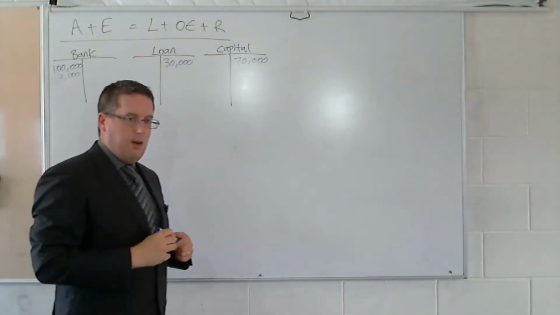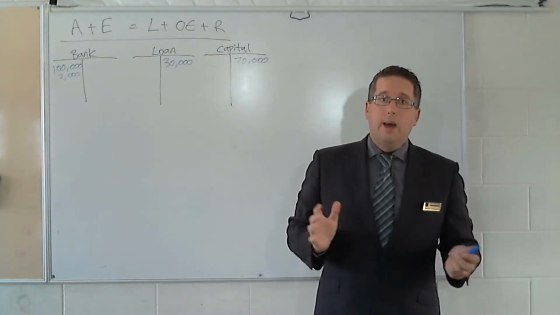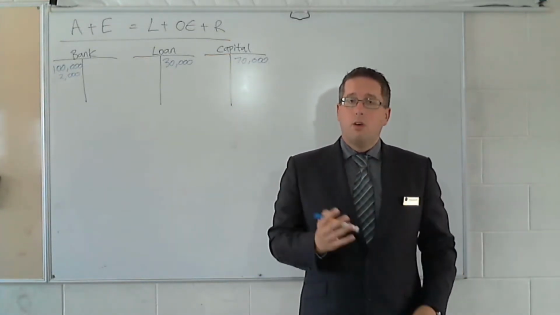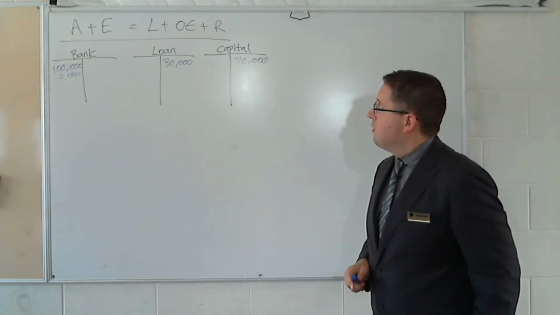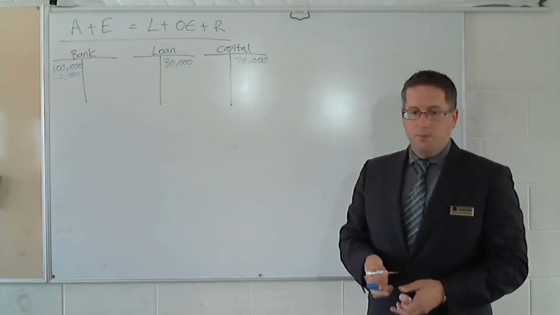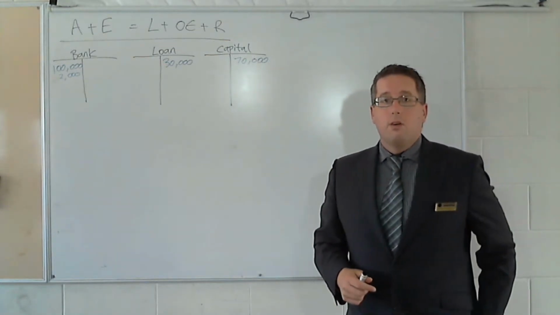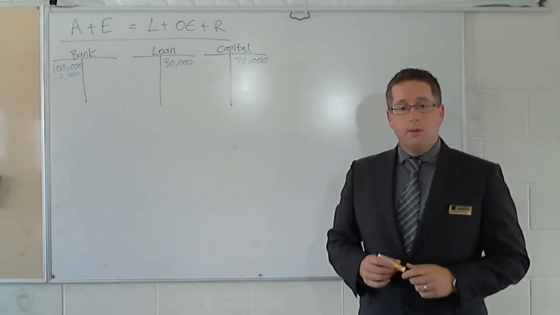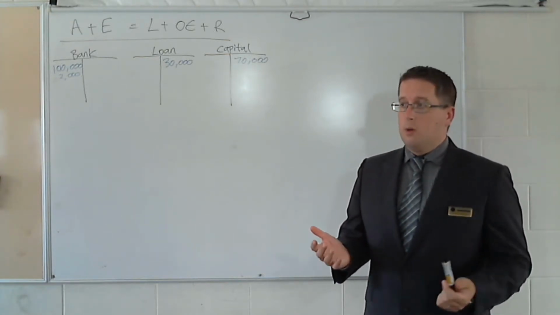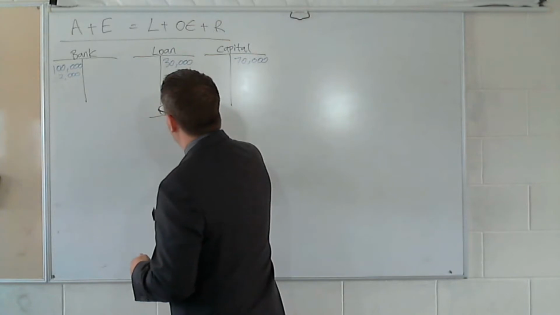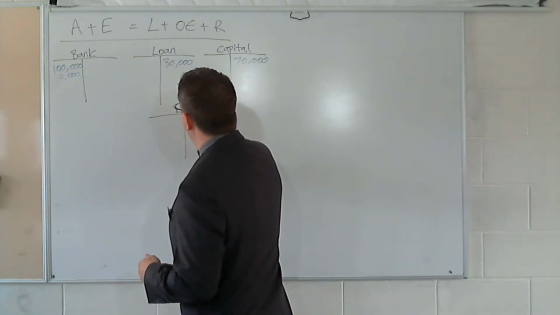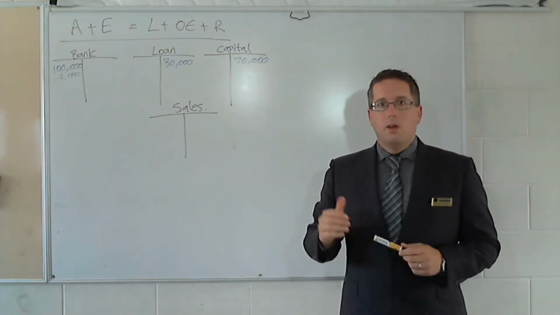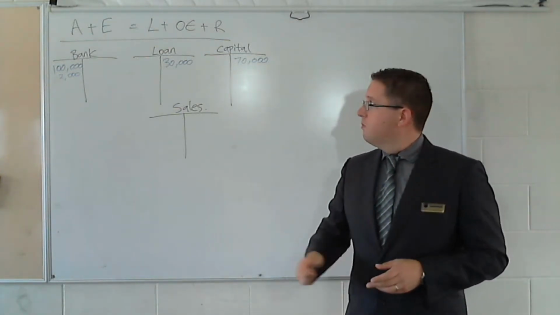on the left-hand side. Now that's only one half of the transaction. Remember, debits must always equal credits. So we need to record the other side of the transaction. This is where we create more T accounts. We think, where did the money come from? Well, we made a sale to a customer. Simple. Let's make a new T account called sales. Sales is revenue.